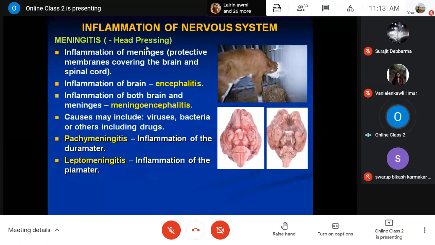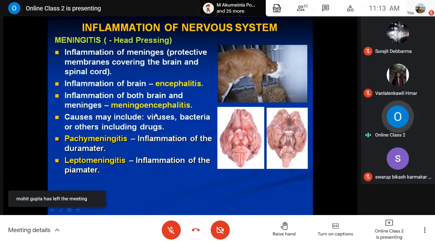The causes of this inflammatory reaction, whether encephalitis, meningitis, encephalomyelitis or encephalomeningitis, are of similar type. They include infectious agents like viruses and bacteria, as well as drug toxicity.